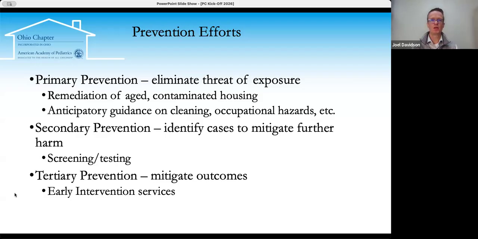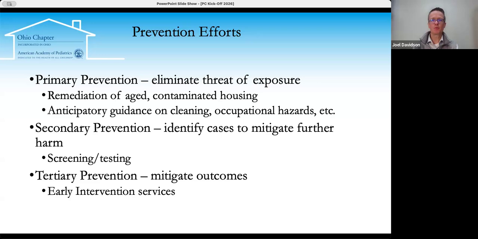This might be remediation or improvements to contaminated households, making those environments lead safe, or having the child move from a particular environment into another environment that's healthier for them. In primary prevention, we're also talking about anticipatory guidance topics around cleaning techniques around the house, and eliminating occupational hazards that parents may bring home from their workplaces.